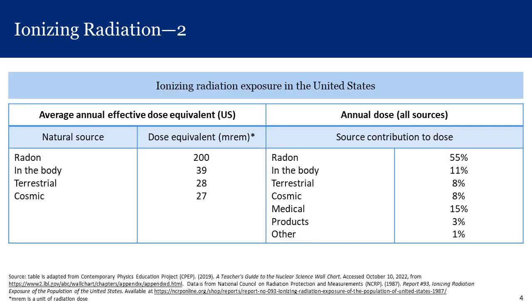One of the key aspects of understanding and contextualizing ionizing radiation that frankly is not well known among the general public is that we are always exposed every day and virtually all the time to ionizing radiation. This is a table that describes the sources of ionizing radiation and their respective doses in the US annually. And as you can see, there are several types of sources. Interestingly, the chief source of ionizing radiation is radon.